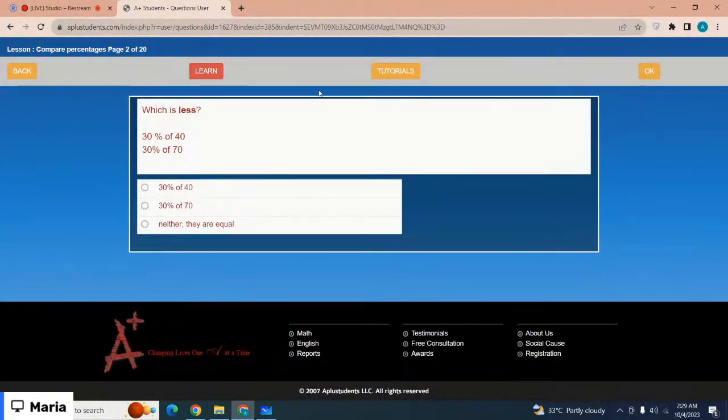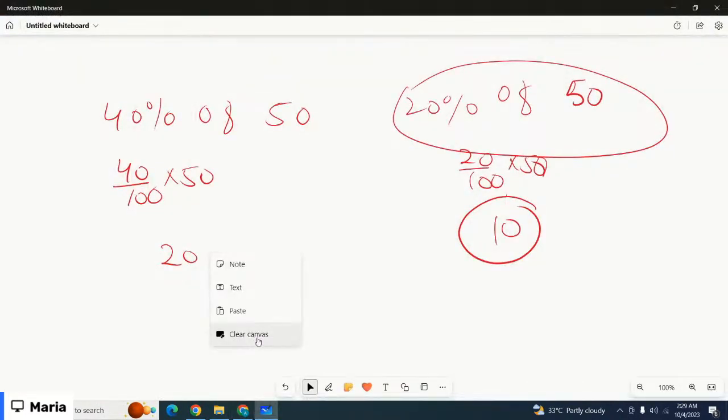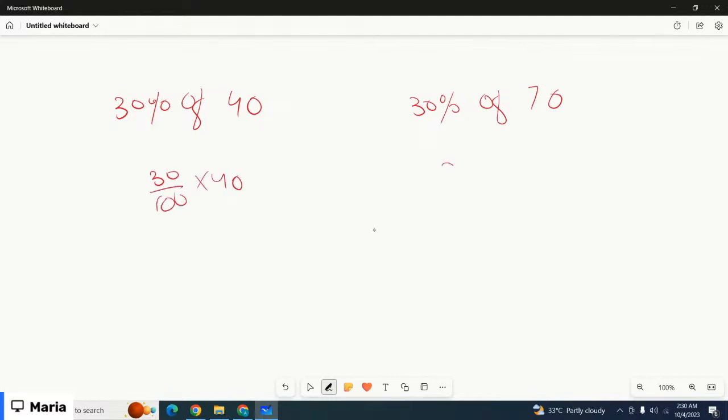Okay, which is less? 30% of 40 and 30% of 70. Let's just calculate both the percentages, right? It will be 30 over 100 times 40 and 30 over 100 times 70. 4 times 3 is 12, and that would be 21.